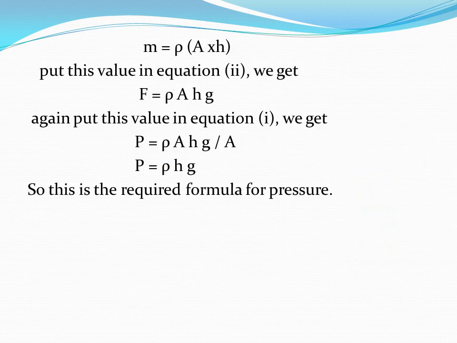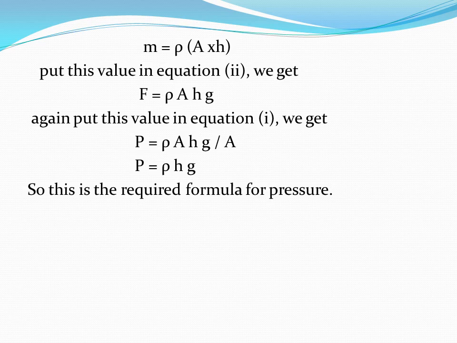And m = rho Ah. You can split the volume into area and height. Put this value in equation 2, we will get F = rho Ahg. Again put this value in equation 1, we get P = rho Ahg/A, where equation 1 is pressure equals force per unit area. Now you have to put this value of force in that relation.